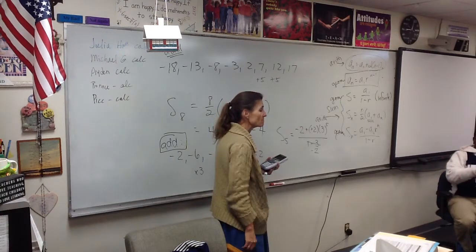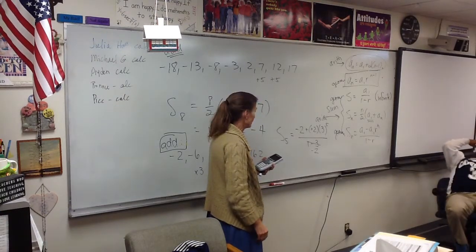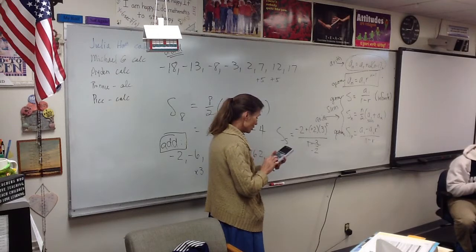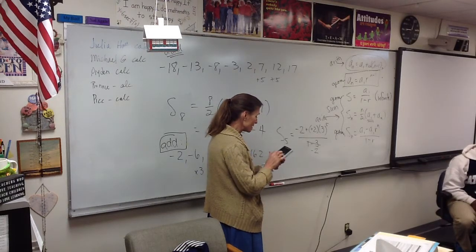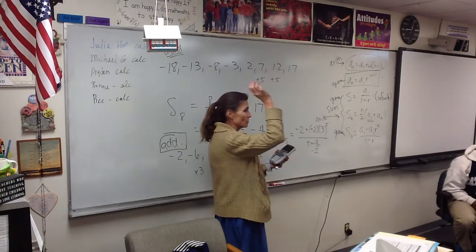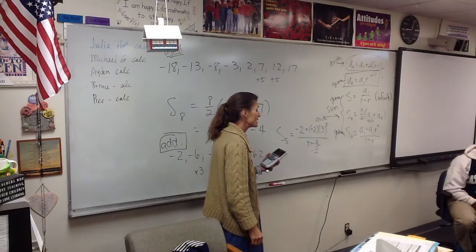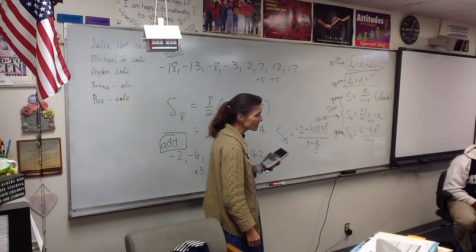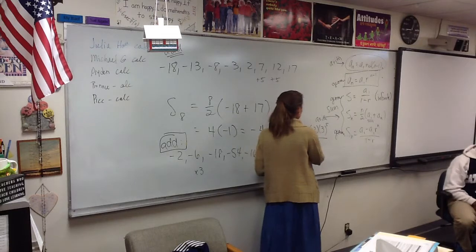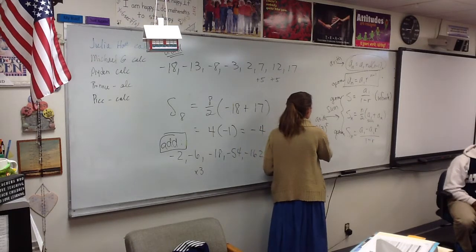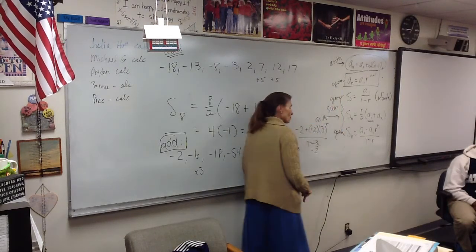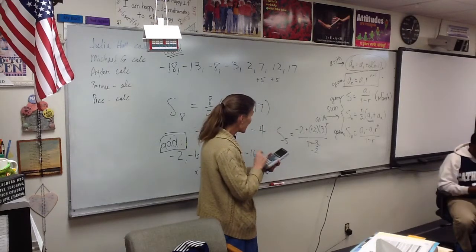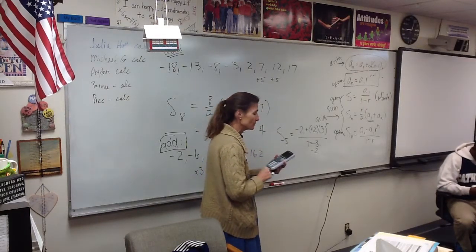Negative 2, press my buttons. Negative 2 plus 2 times 3 raised to the 5th power equals. I don't need any parentheses, I don't need anything. I type negative 2 plus 2 times 3 to the 5th equals. And then divide that by negative 2.